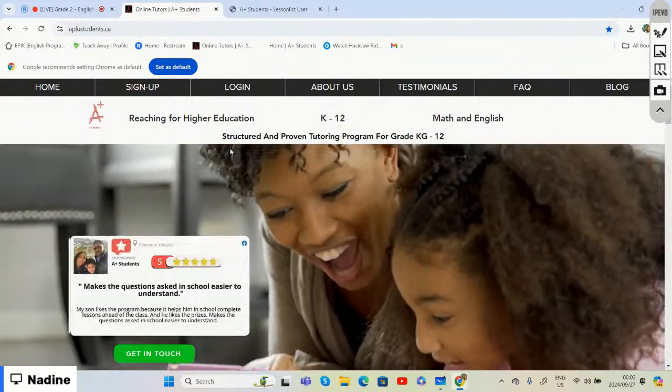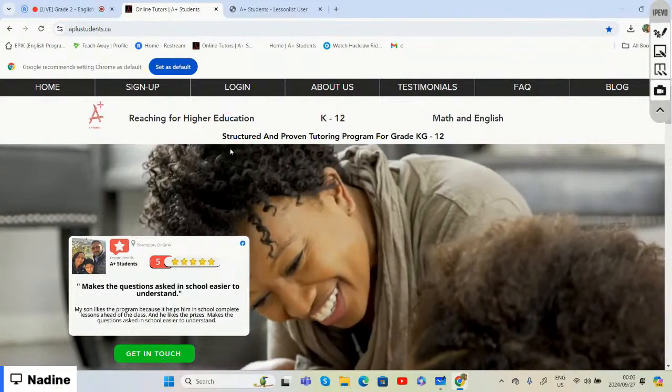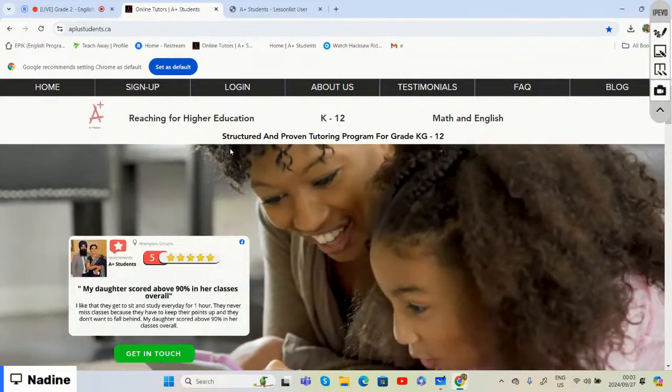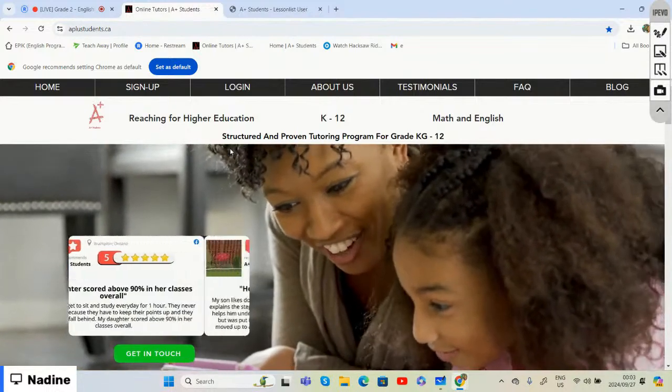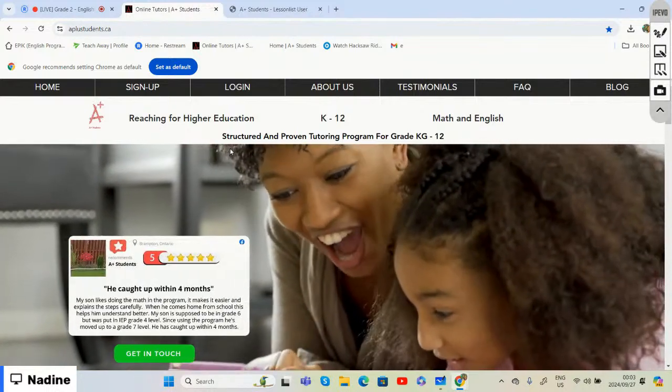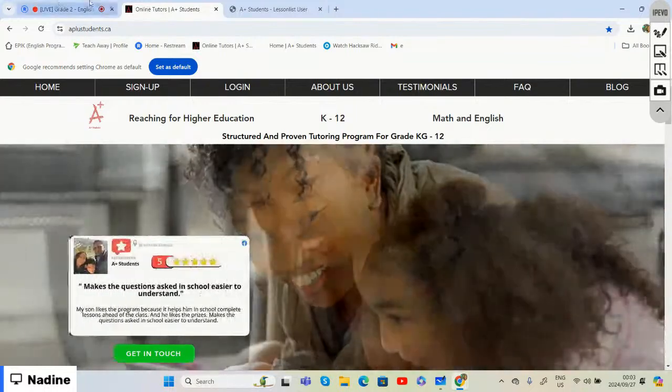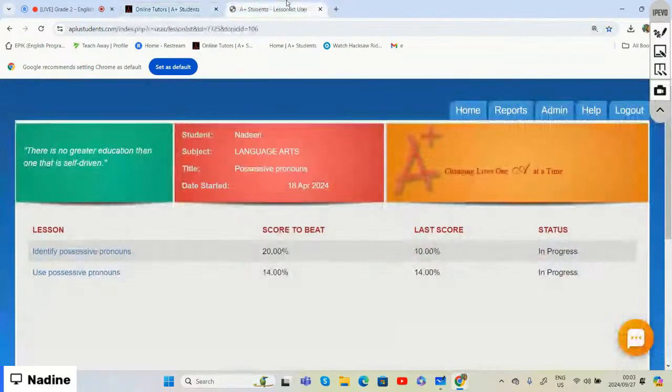We're doing grade 2, and then we're going to scroll down until we get to our chapter of possessive pronouns.